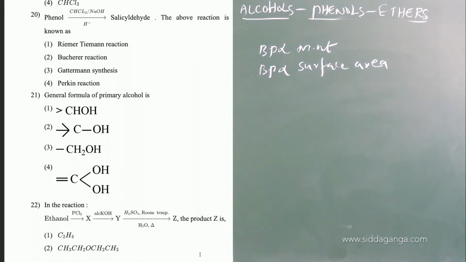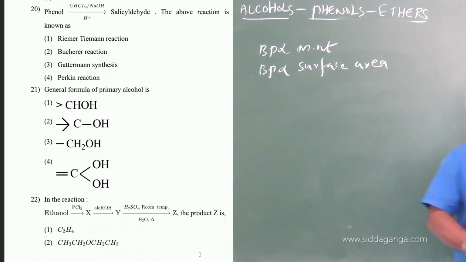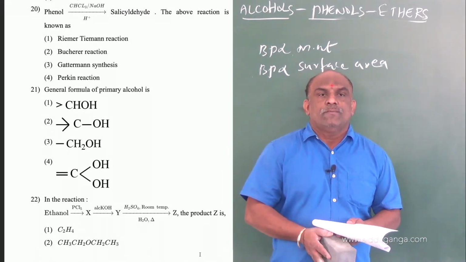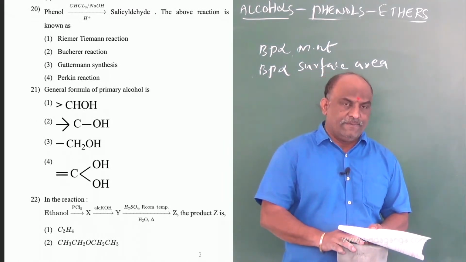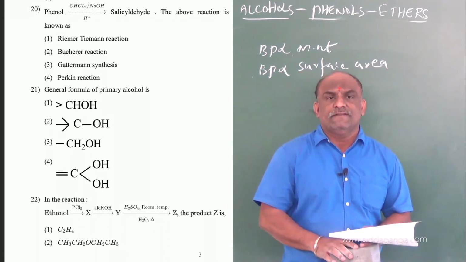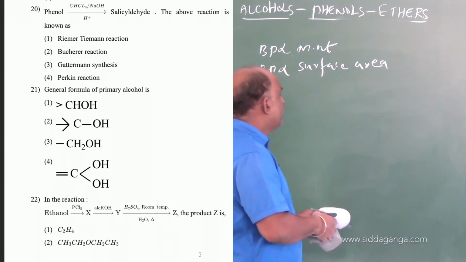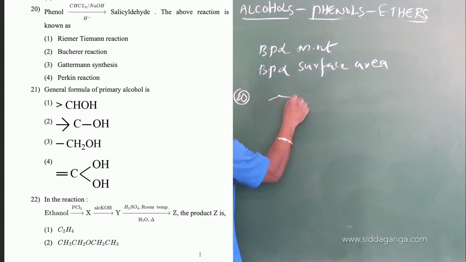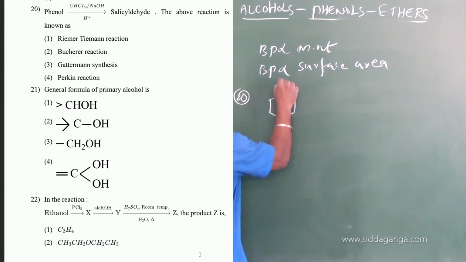See question 20, a simple question. This is a named reaction which was there in the text. Phenol treated with chloroform and sodium hydroxide gives rise to salicylaldehyde. So question number 20 is a simple reaction, which we already know and already discussed.